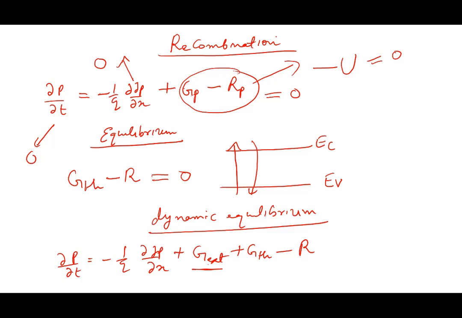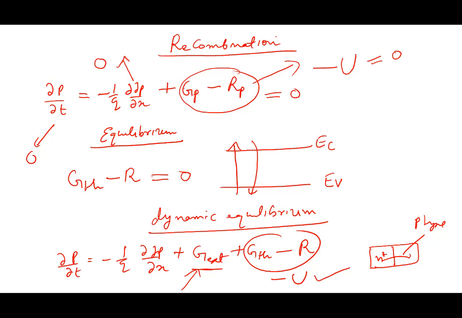It could be light: I could shine light on my semiconductor and thereby generate photons. So G thermal minus R is what I'm calling the net recombination rate, and this other term is the external generation rate. So this continuity equation can be written as del P by del T minus 1 over Q del JP by del X plus the external generation rate, leaving aside the thermal generation rate. G thermal minus R is what I'm calling minus U. So what I'm going to do today is derive for you an expression for U. What is this recombination rate?